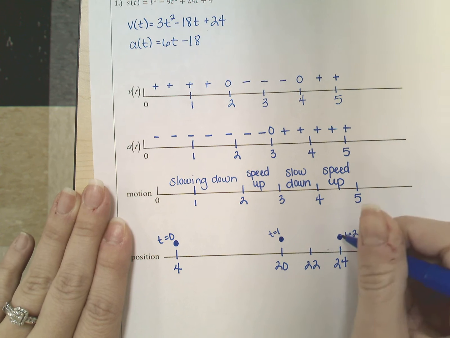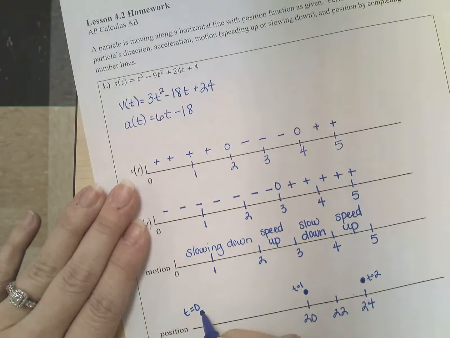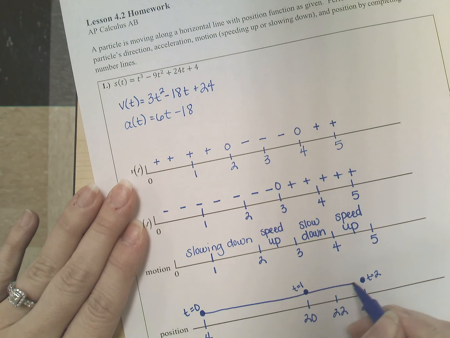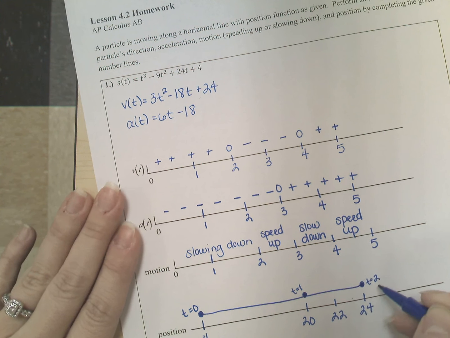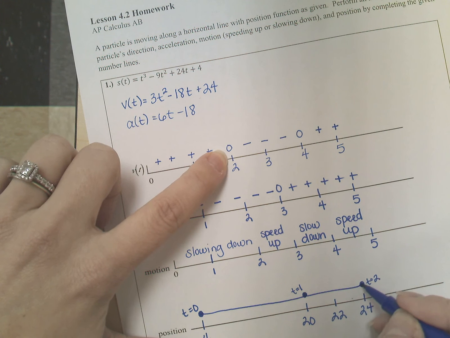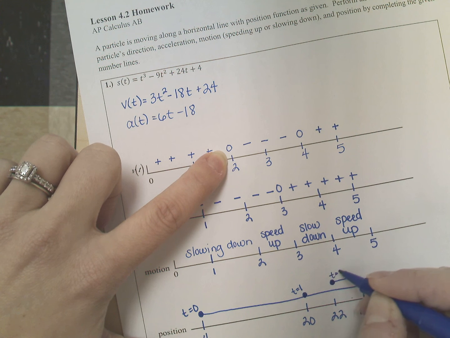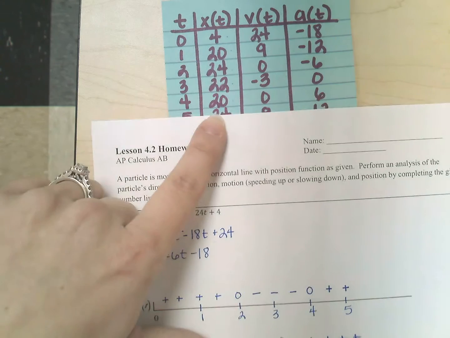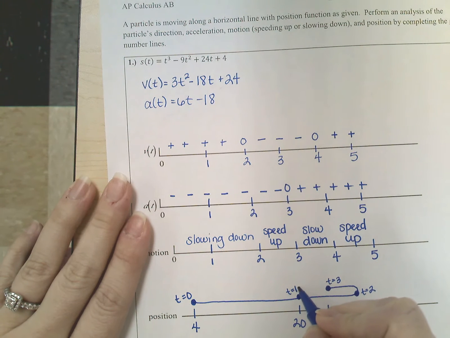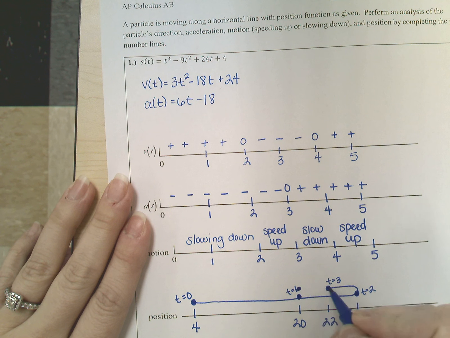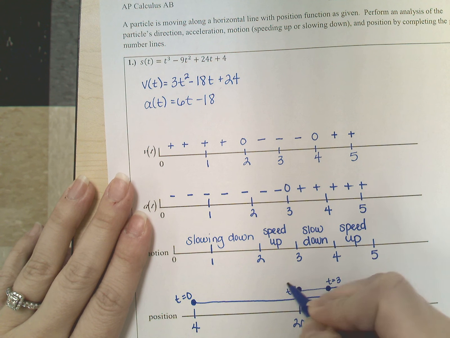And then the particle goes back to 22. So here's what's going on. My particle is going like this, and then at t equals 2, the velocity is 0, so it turns around and comes back to 22. And then we go to 20 again. So we keep going in the negative, left direction.